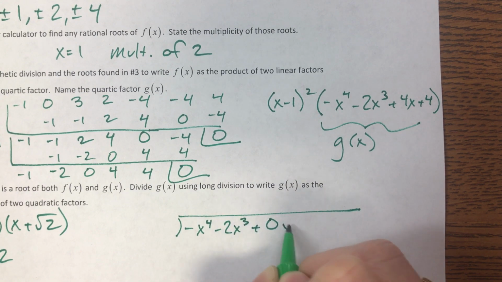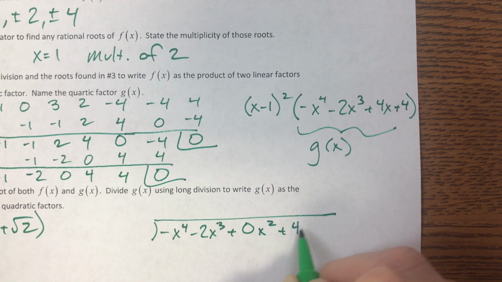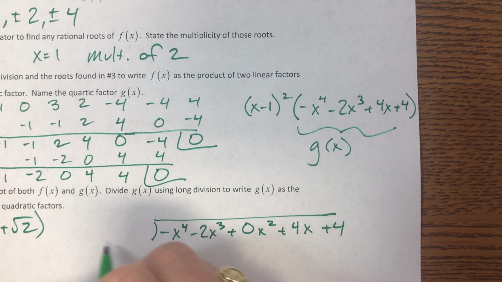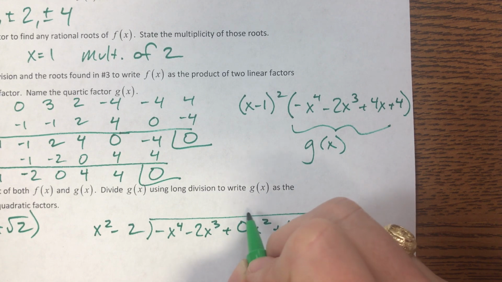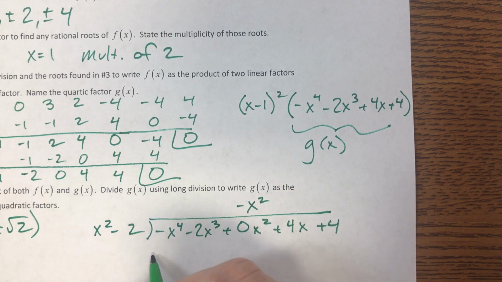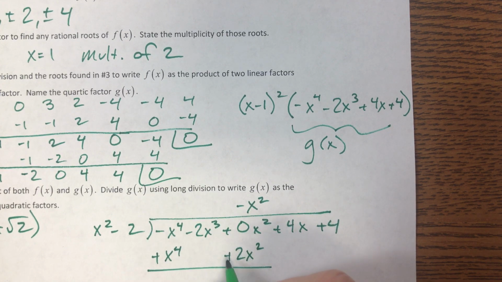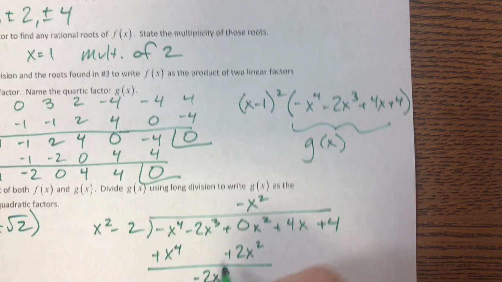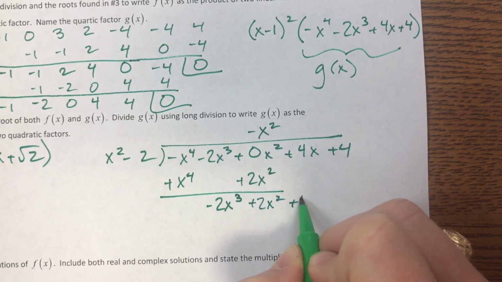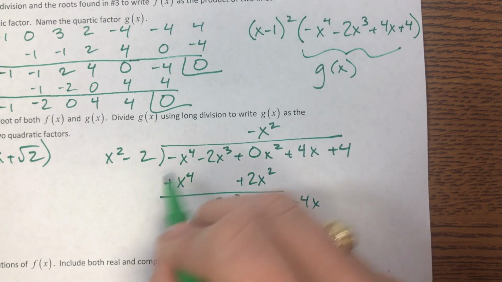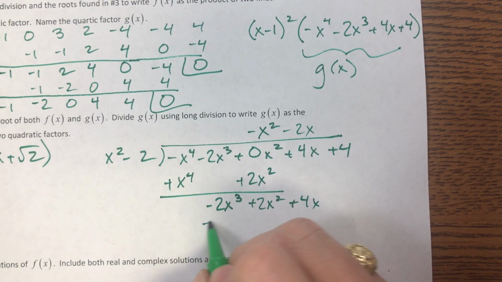Save a space. And I'm going to divide it by x squared minus 2. Here's hoping the bell doesn't catch me. And that goes in minus 2x.